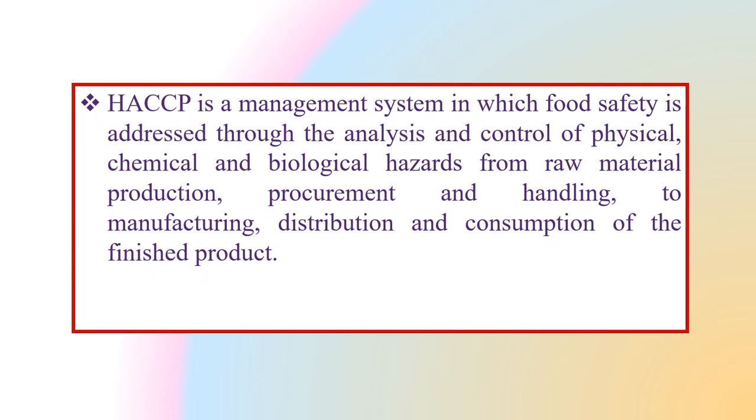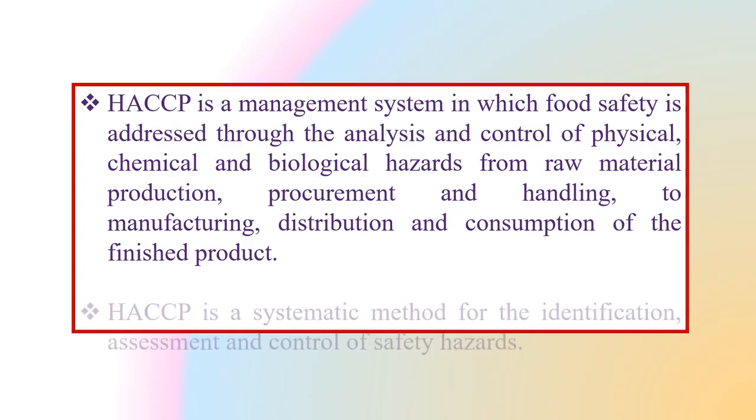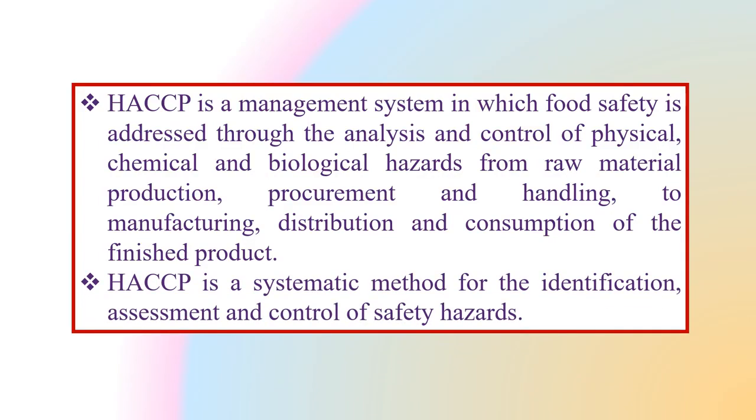HACCP is a management system in which food safety is addressed through the analysis and control of any type of hazards, whether physical, chemical or biological, starting from raw material production up to the consumption of the finished product. In short, HACCP is a systematic method for the identification, assessment and control of safety hazards.